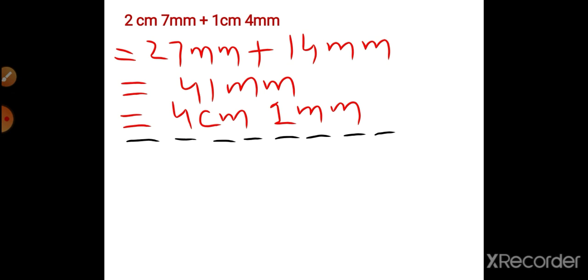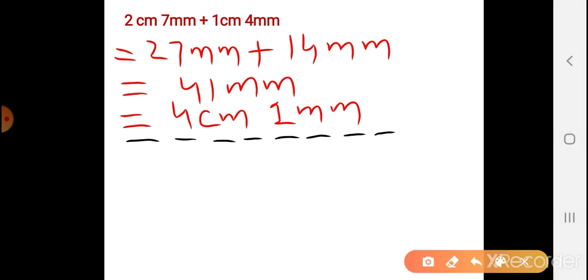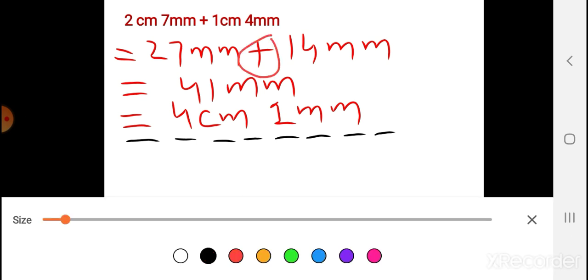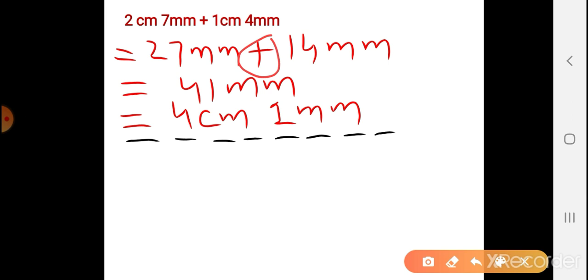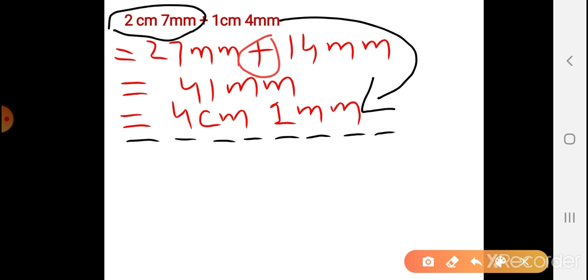As we have done addition, I'm going to do subtraction. We have to subtract 1 centimeter 4 millimeters from 4 centimeters 1 millimeter. If we get this value, it means our answer is correct. Let's go for subtraction.